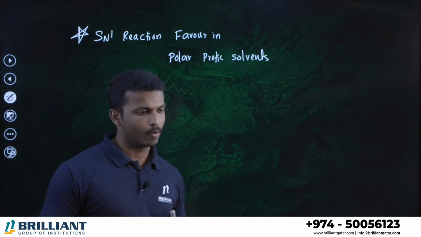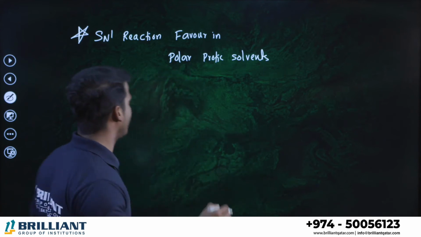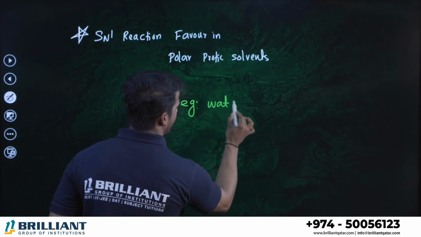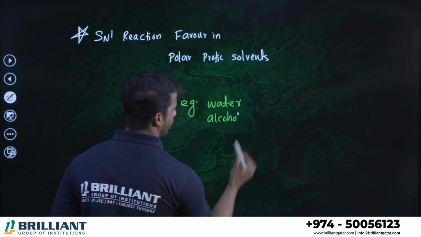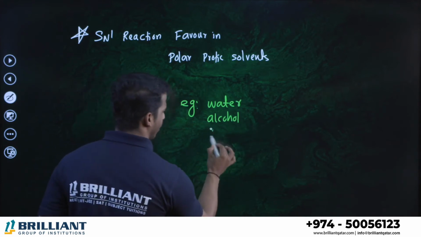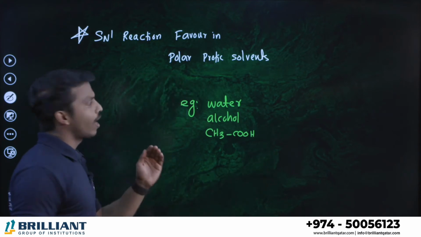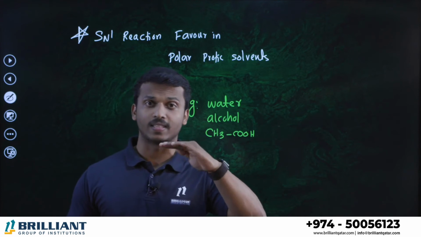What are examples of polar protic solvents, and what is a polar protic solvent? Let me tell you the examples first. Water is a polar protic solvent. Alcohols, methanol, ethanol, etc. Acids, ethanoic acid, etc. These are all polar protic solvents. What is meant by polarity? There is a charge separation.